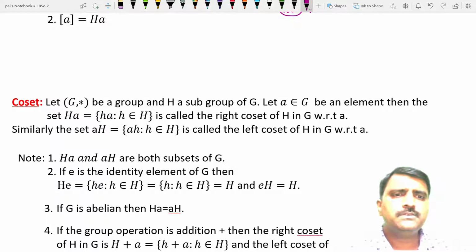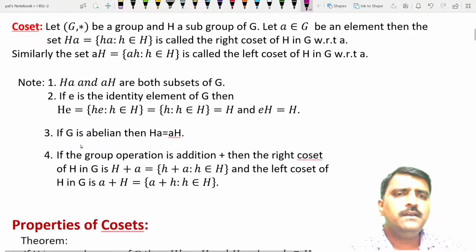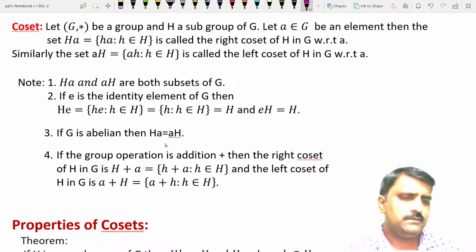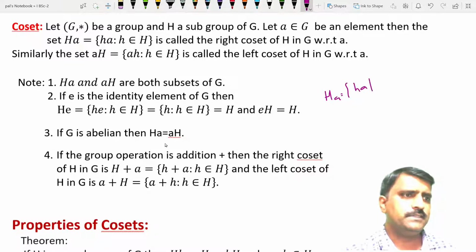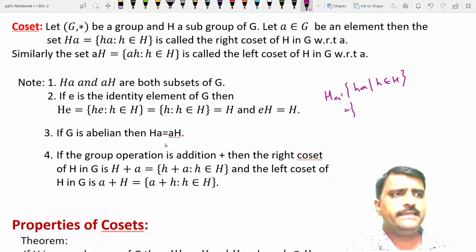ಎಸ್, ಸೊ ಹಿಯರ್ if G is an abelian group, obviously if you take HA like this, HA is equal to h into a such that h belongs to H. So if G is an abelian group, then HA can be written as aH such that h belongs to H. ah is nothing but a into h, right?